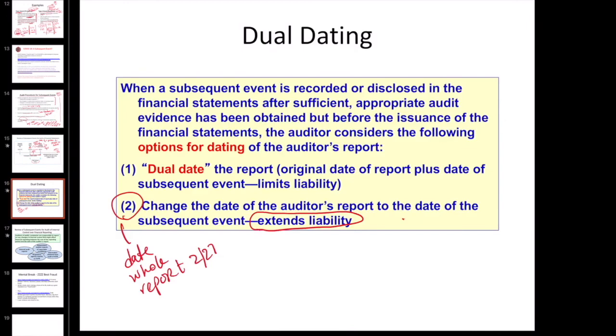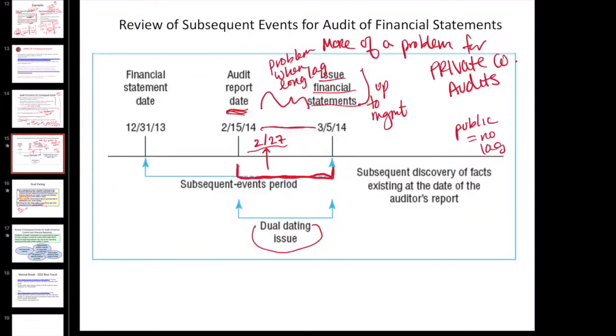So the other option is to dual date the report. Okay? And what that consists of is basically I'm going to say, okay, the date of this report is 2/15, right? My original report date, with the exception of footnote whatever the subsequent event is.